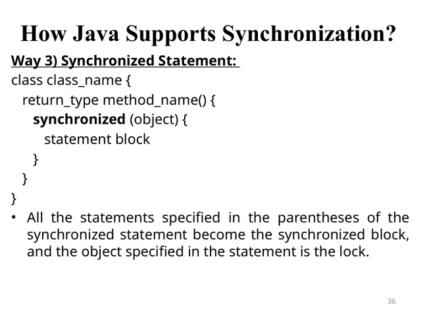Let's take a closer look at how Java supports synchronization through the synchronized statement. In this approach, you define a synchronized block inside a method using the syntax synchronized (object) { statement block }. The key idea here is that all the statements inside those curly braces become part of the synchronized block.